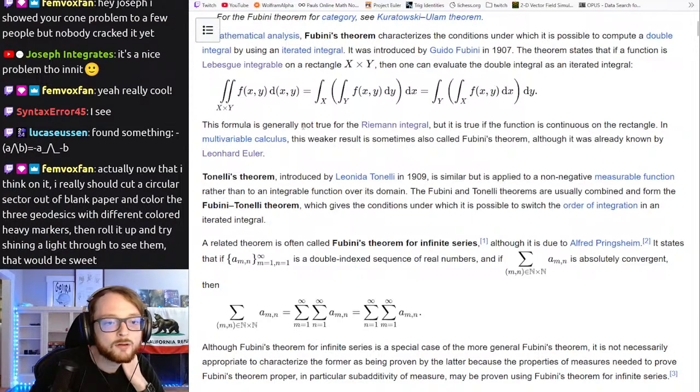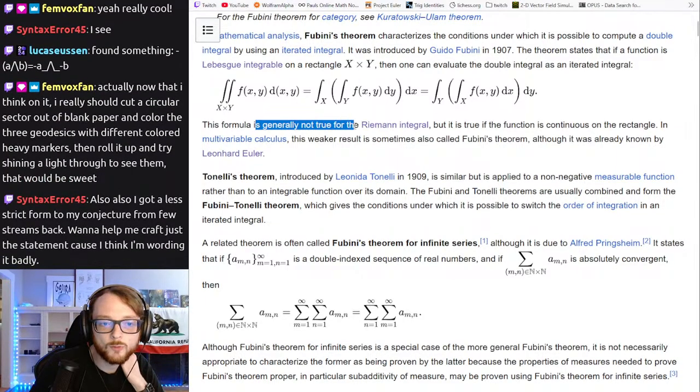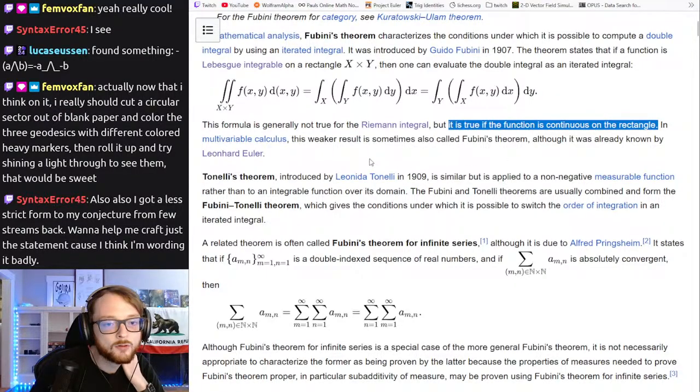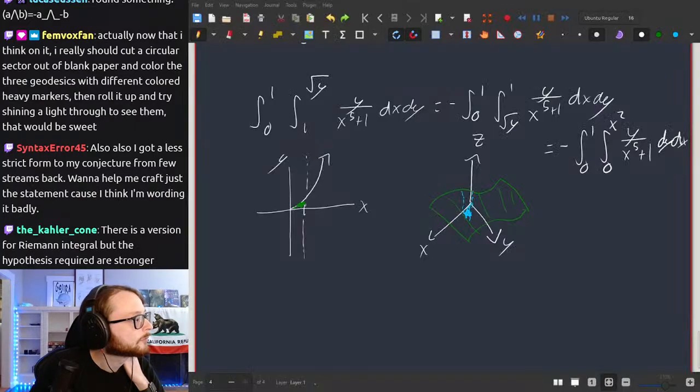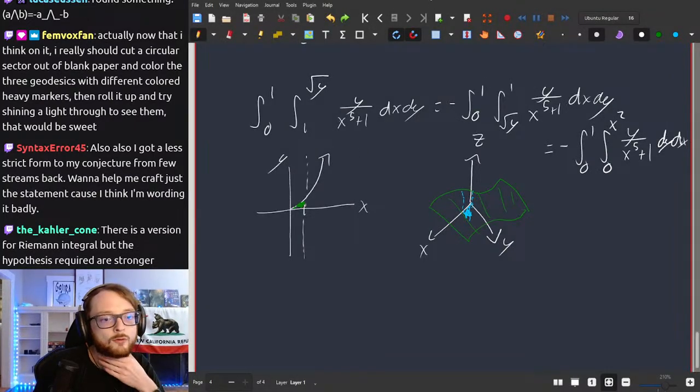Oh, wait. The formula is generally not true for the Riemann integral if a function is continuous on the rectangle. So because there's no discontinuities on the inside over this rectangle here, it's okay. There's only a discontinuity at x equals -1.